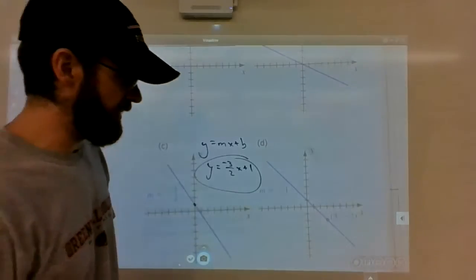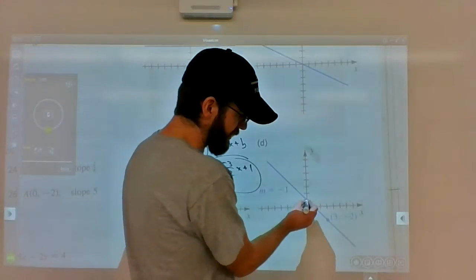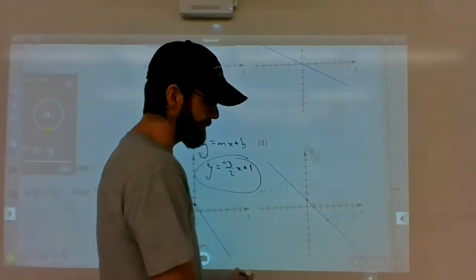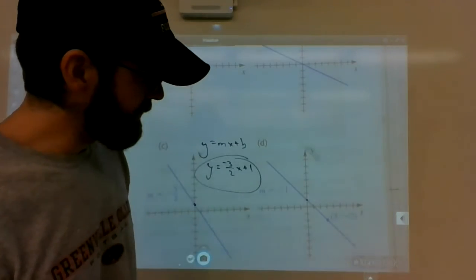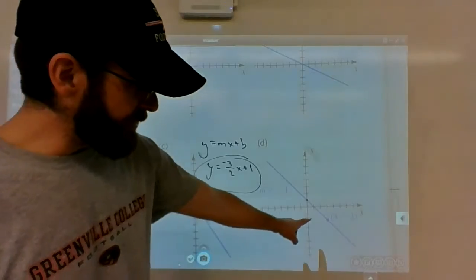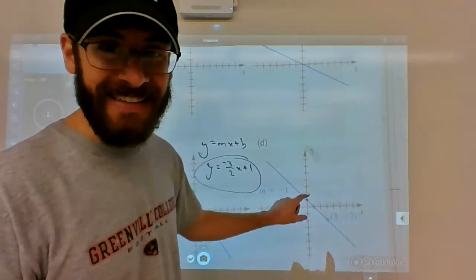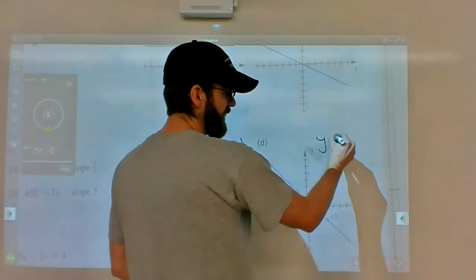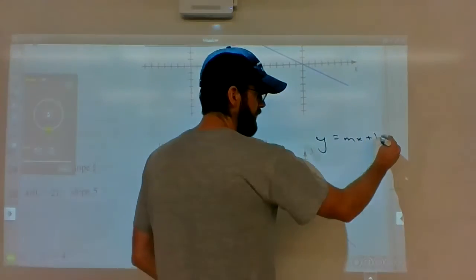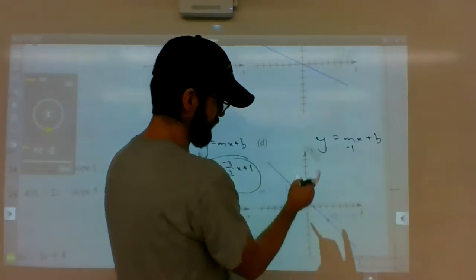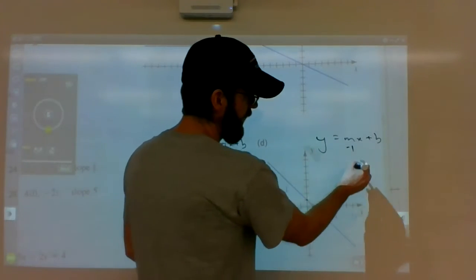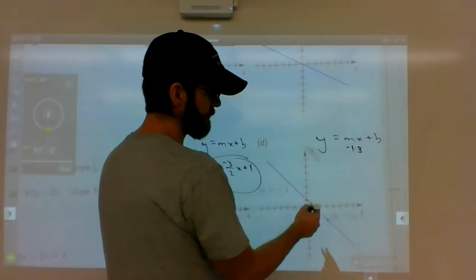Same deal here. I'm pretty sure it crosses through at 1, but just in case they're throwing a curveball to us, if all you had was a point here and this wasn't exactly clear, you could have said y equals mx plus b, plug in the information you know is exact. So -1 goes in for m. X goes in for 3.